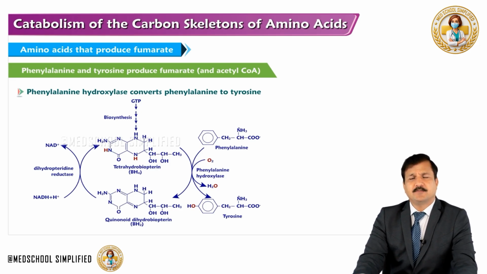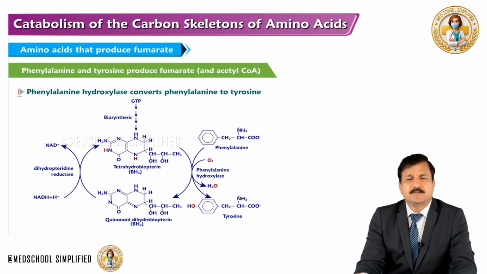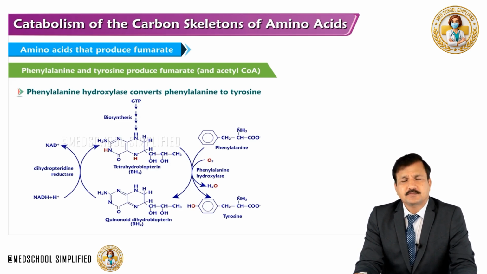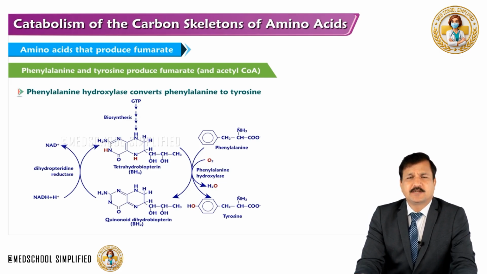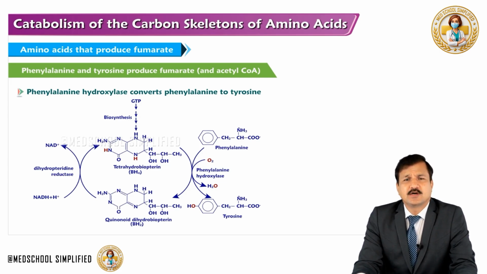So let me recap that here, because both will produce fumarate along with acetoacetyl-CoA or acetoacetate, which goes into ketone body. Now let's look into the details of the reactions.